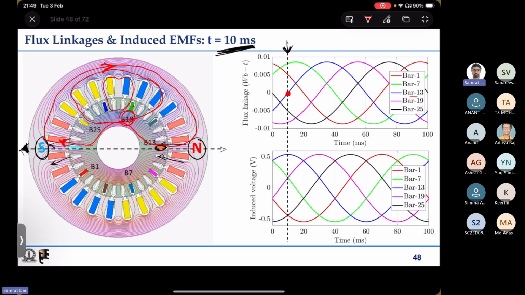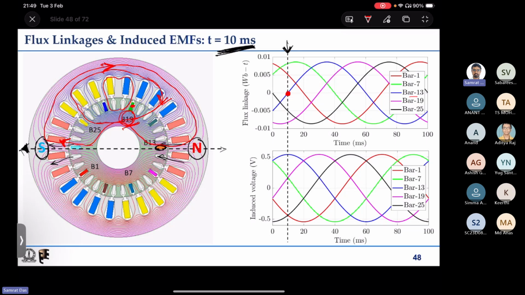So bar 19 is also getting enclosed clockwise. That means bar 19, if it had dot current, then the flux linkage would be anti-clockwise. That is the reference direction for positive flux linkage. But here the actual flux linkage is clockwise. That is, we have to understand that bar 19 should have negative flux linkage.